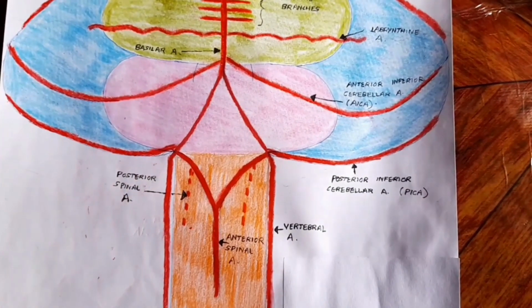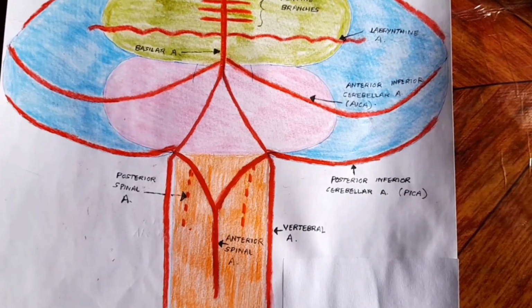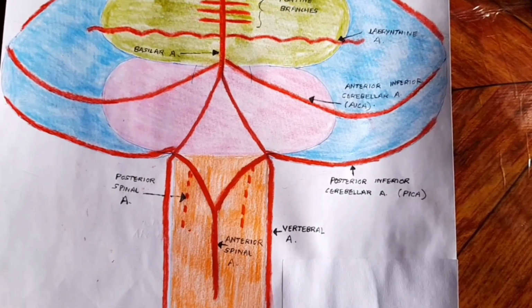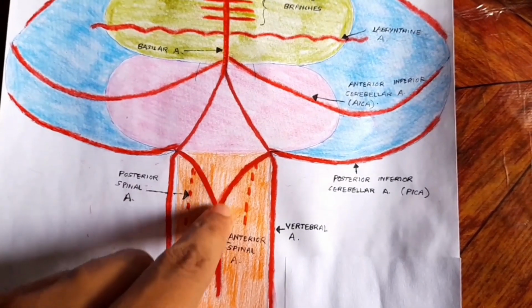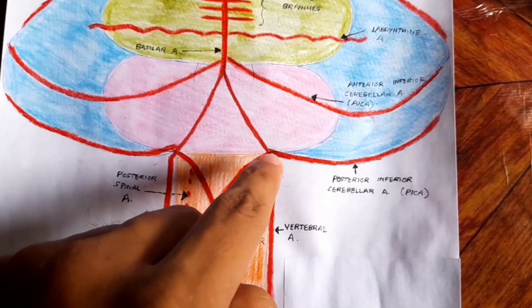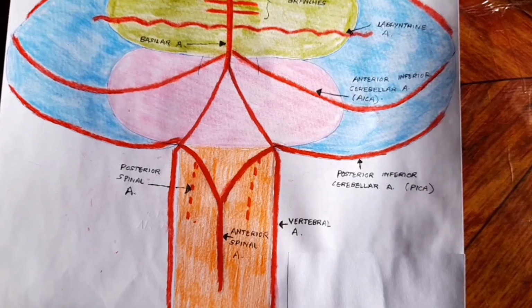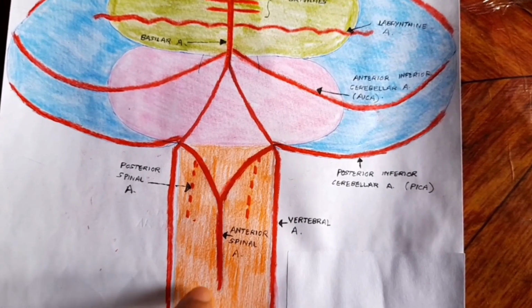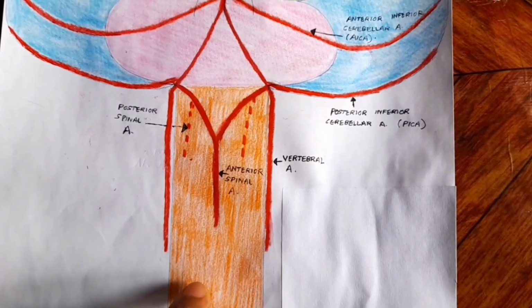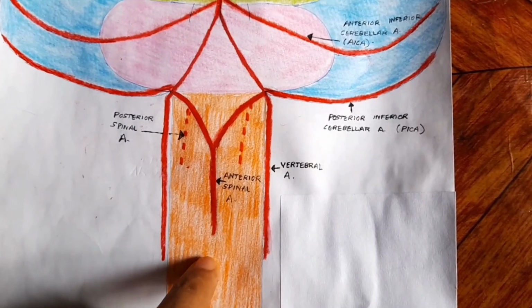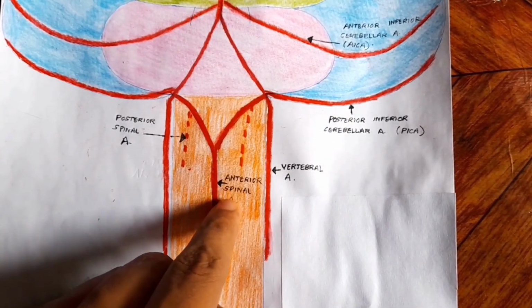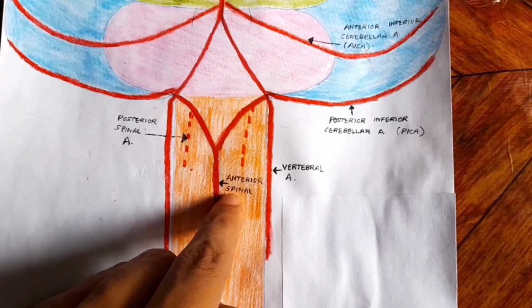Now also this vertebral artery will give another branch, but it will go down. And we know what is down. Below the medulla, we have the spinal cord. So these two branches, these vertebral branches, will come down to it. So we know it is supplying the spinal cord. So the name of this artery is anterior spinal artery.